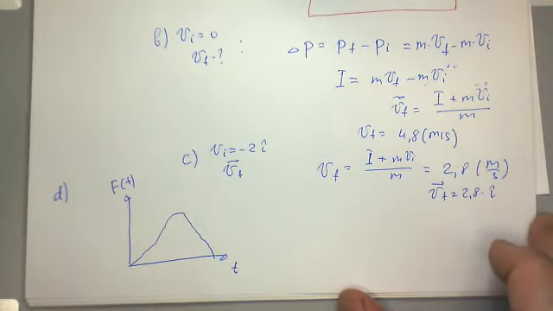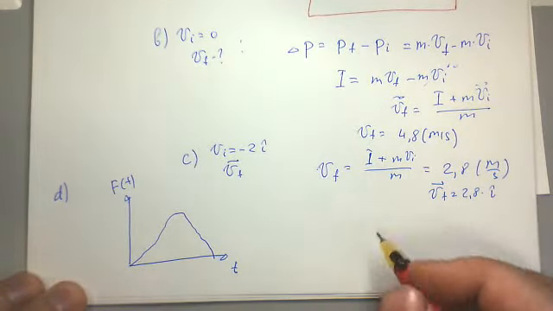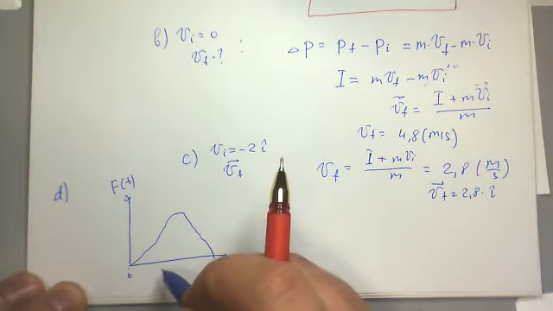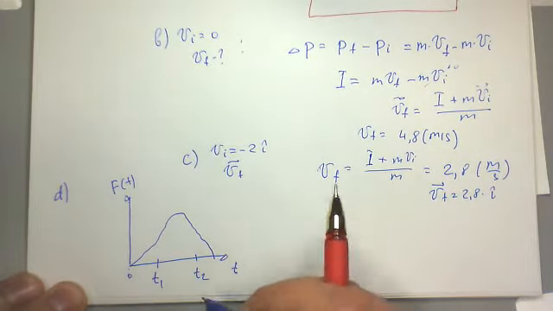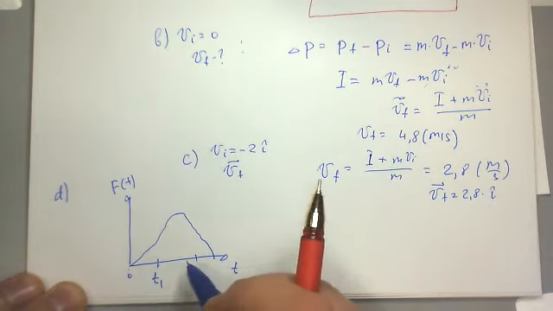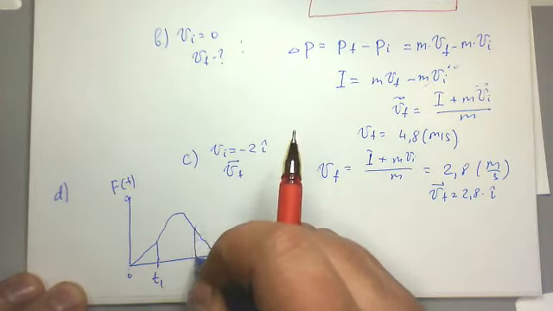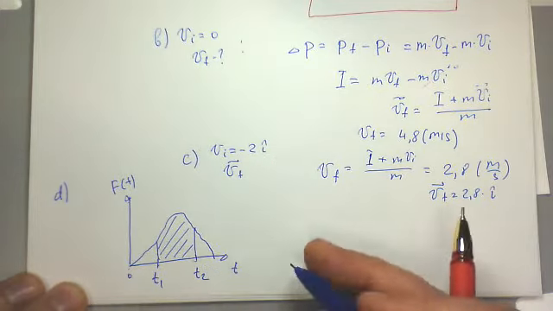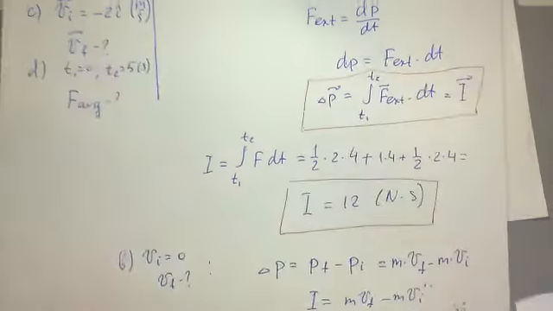The impulse between the moment of time t1 and the moment of time t2 equals the area under this line. That would be the change of momentum, and that would be equal to the impulse from this definition.